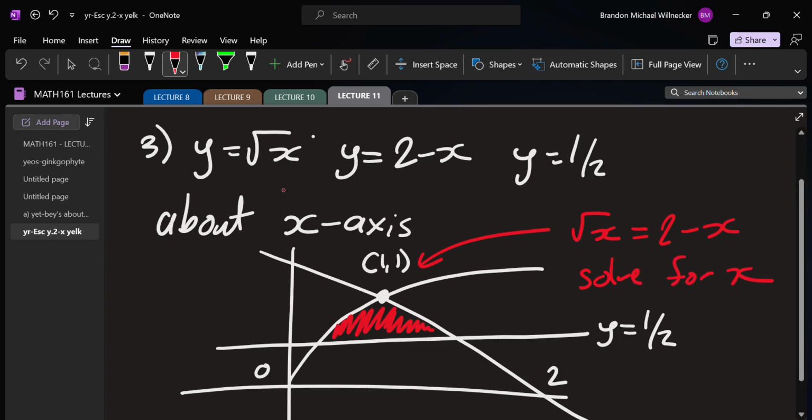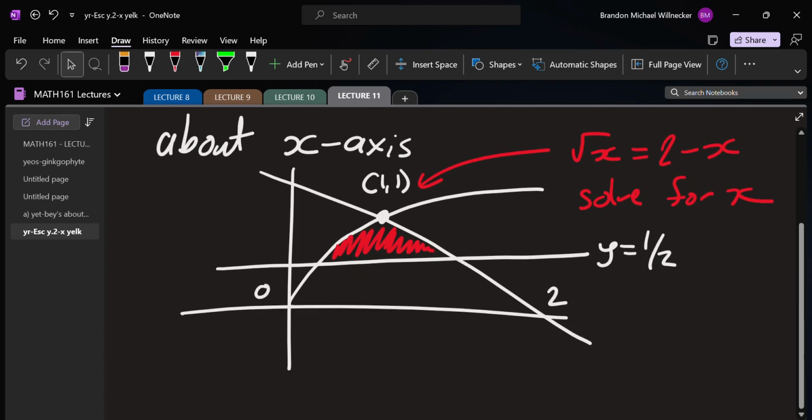If you don't see how to find the intersection point, root x equals 2 minus x, solve for x. Or you could just see that root 1 is 1 and 2 minus 1 is 1. And then the same thing here. That was a quarter, and this was 3 over 2 by the calculation we did before.